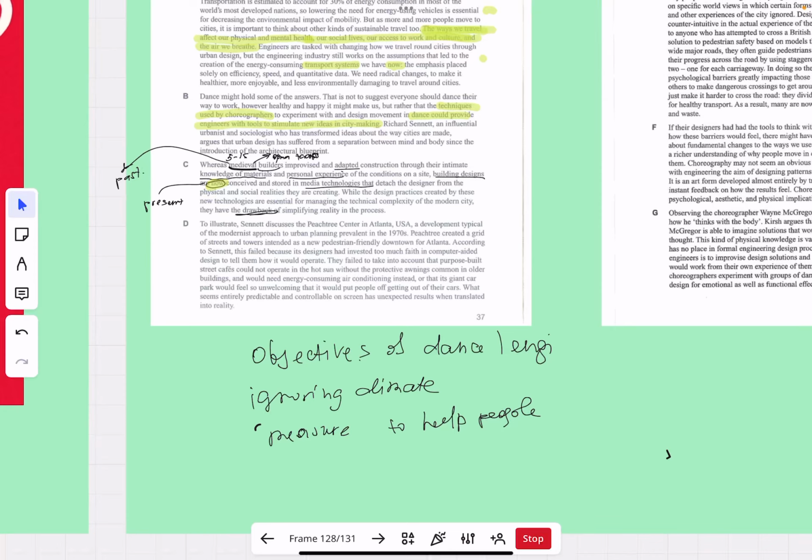They failed to take into account that purpose-built street cafes couldn't operate in the hot sun without the protective awnings common in older buildings, and would need energy-consuming air conditioning instead, or that its giant car park would feel so unwelcoming that it would put people off getting out on the street. What seems entirely predictable and controllable on screen does not deliver the expected result when translated into reality.